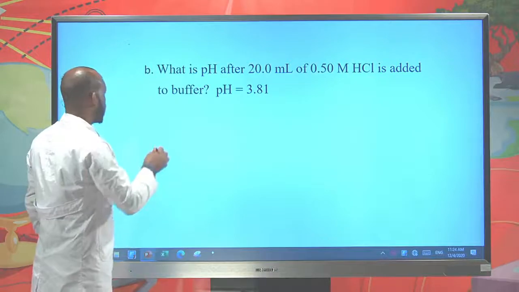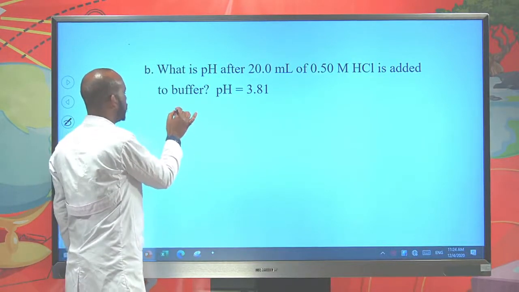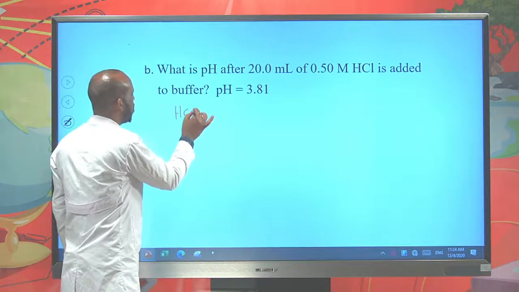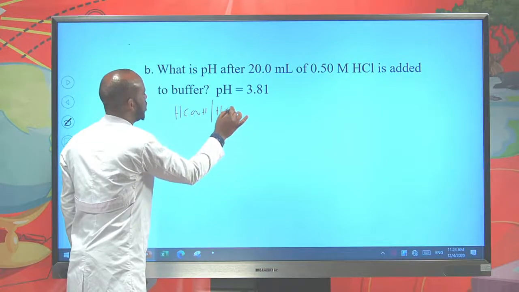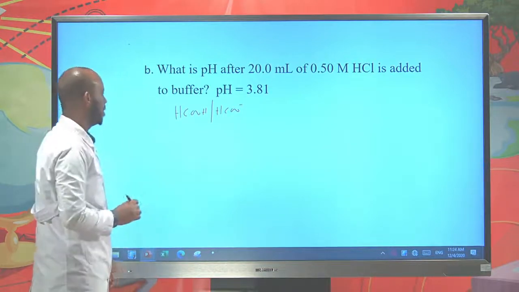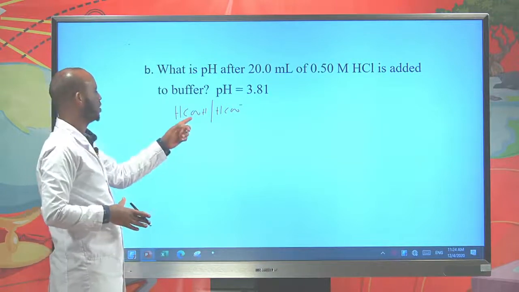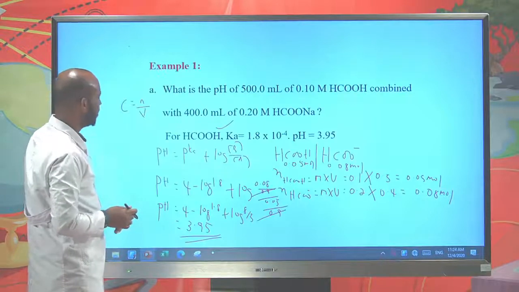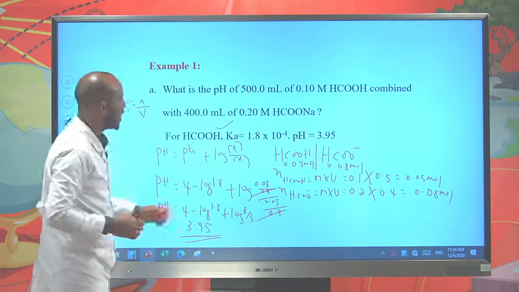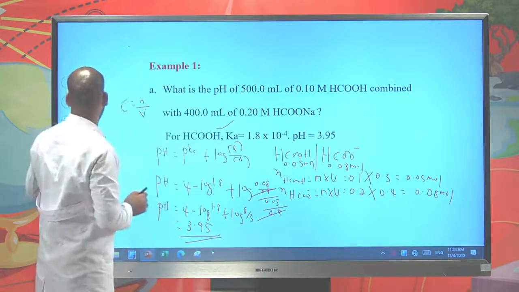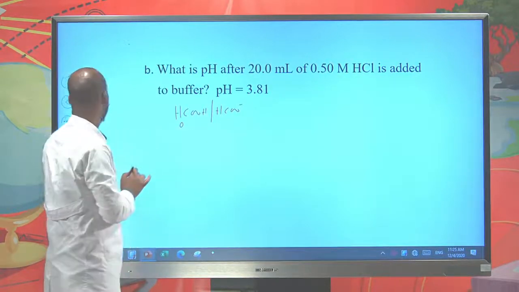Now, this buffer solution contains the weak acid, formic acid, HCOOH, and its conjugate base, formate, HCOO minus. The amount of formic acid is 0.05, and the amount of formate is 0.08.